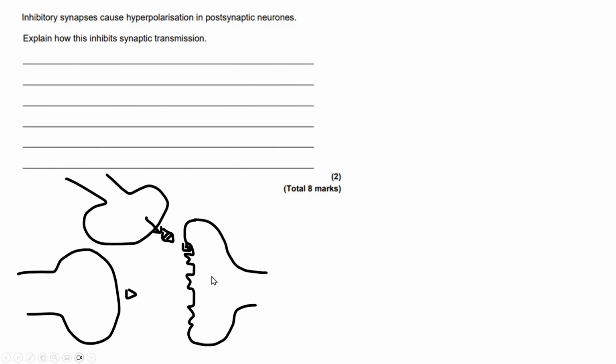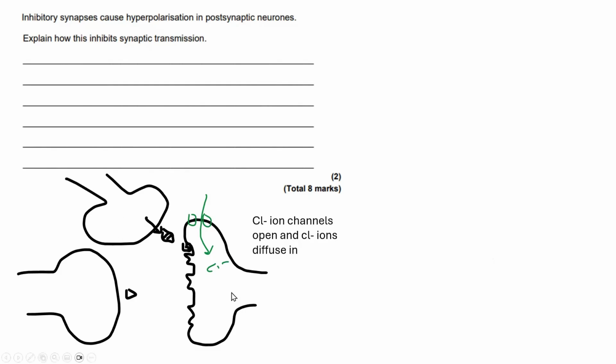Now, how can that be inhibited? Well, we can have inhibitory neurotransmitters released from an inhibitory synapse, and what they're going to do, whatever it's called, who knows, just as an example, it could cause chloride ion channels to open and chloride ions to diffuse into the membrane.